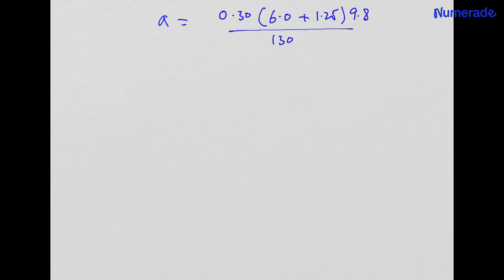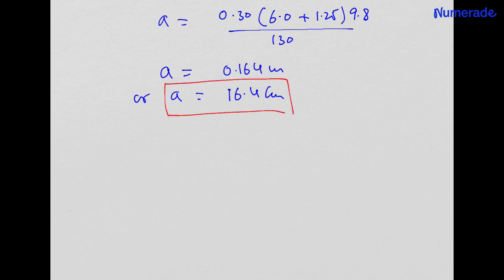Plugging in all the known values, amplitude will be given by mu s 0.30, mass 6.0 plus 1.25 multiplied by g 9.8 divided by k, which is 130. So A is calculated to be equal to 0.164 meter, or we can say the maximum amplitude should be 16.4 centimeter, beyond which the smaller block kept over the heavier block will not oscillate along with this heavier block. Thank you.